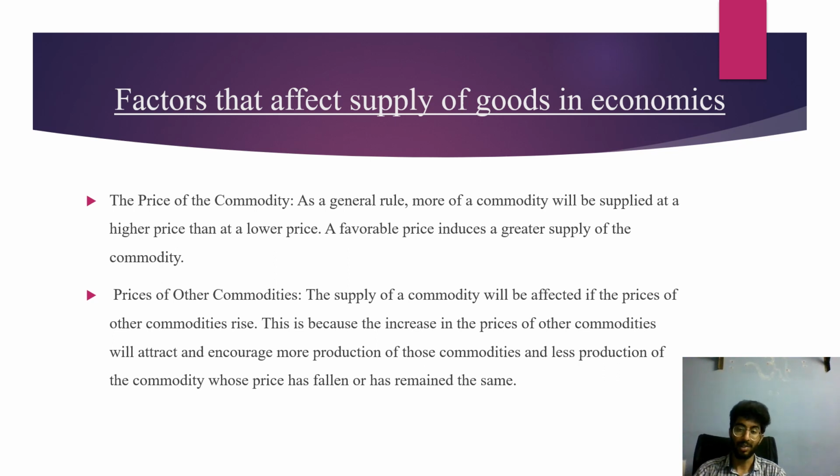The supply of the commodities will be affected if the prices of other commodities rise. This is because the increase in the prices of the other commodities will encourage more production of those commodities and less production of the commodities whose price has fallen or has remained the same.